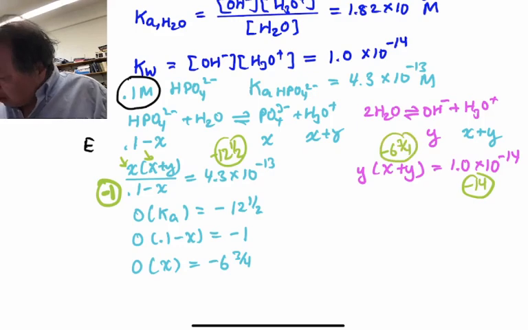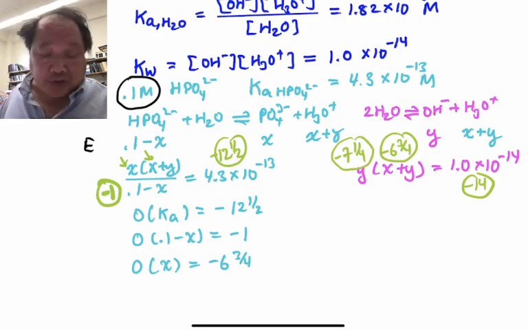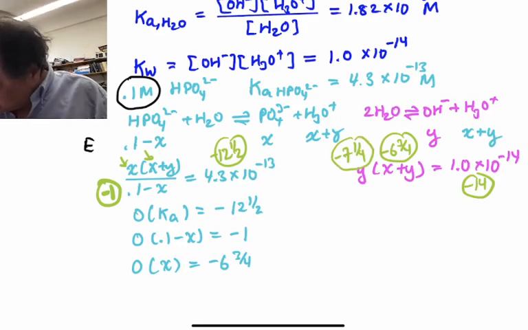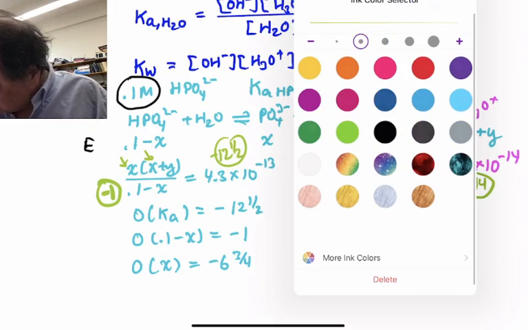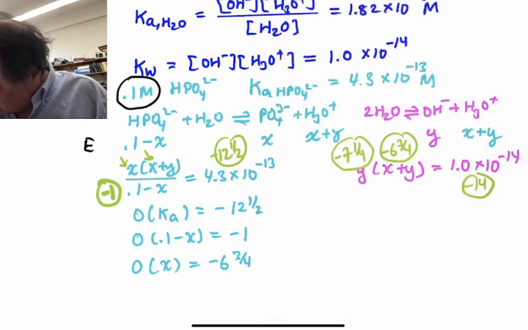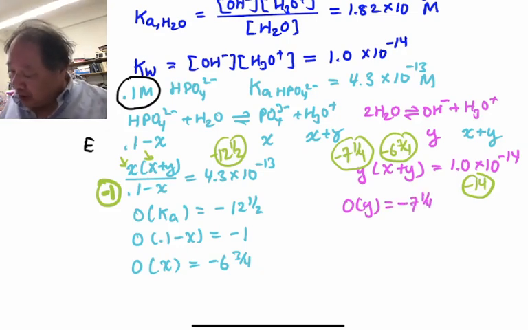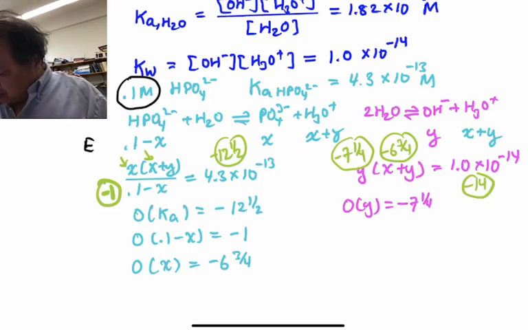And that means that Y has to be minus 7 1/4, because 7 1/4 plus 6 3/4 is 14. So the order of magnitude of Y is minus 7 1/4. And so now we can go ahead and see what simplifications we can make.